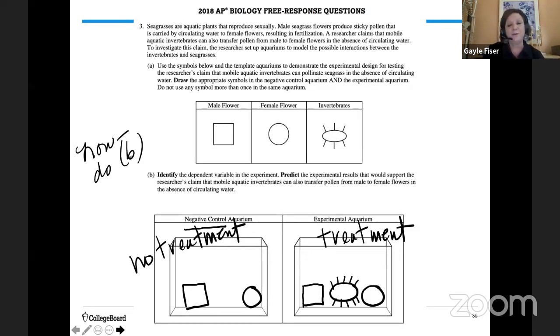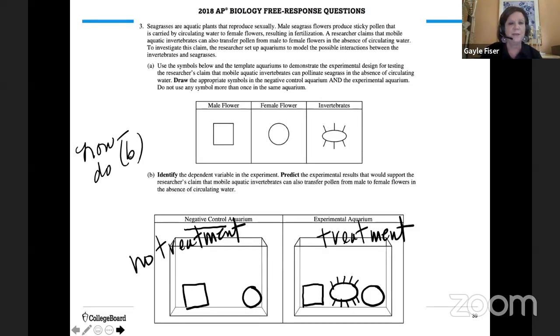So we have to see in the negative control, without water, if it's possible to transfer pollen from that male to that female without that invertebrate variable that was added. Okay, so that was the purpose of the negative control, and that's the purpose of a control. You have to see what happens without the treatment, and so you can claim that the treatment was responsible.